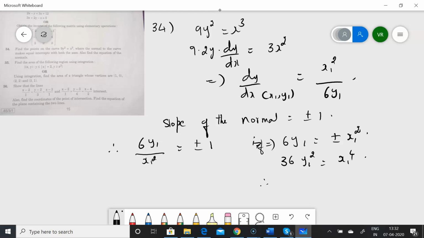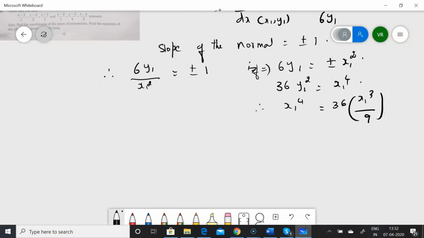Therefore, x1 to the power of 4 is equal to 36 x1 cubed by 9. From this we can get the value of x1 to be equal to 4.